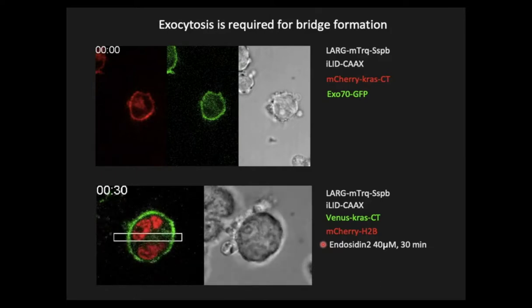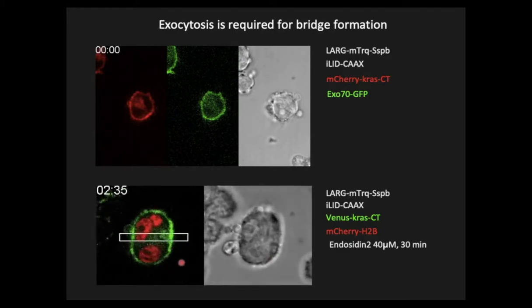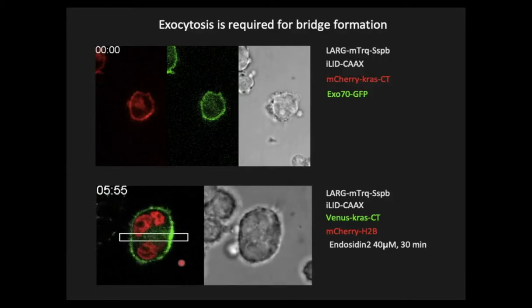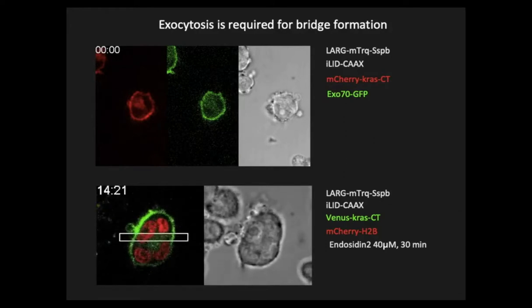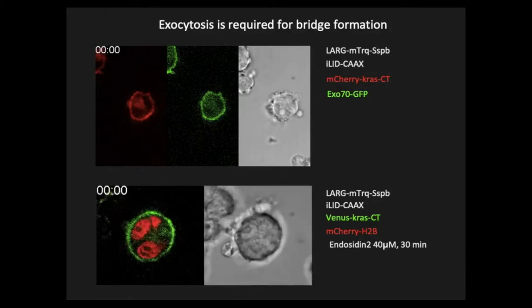Then we use an inhibitor for Exo70, endosidin 2, and after incubation we found that the cell can contract but cannot produce the furrow, the cleavage furrow. That means that exocytosis is required for the furrow formation.